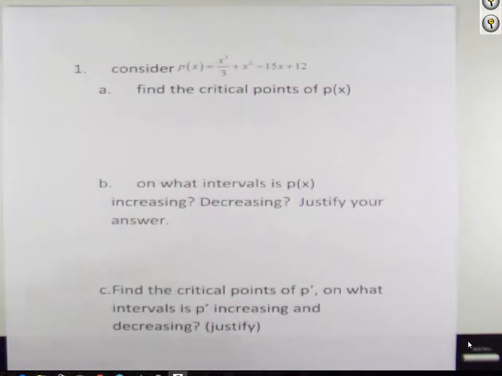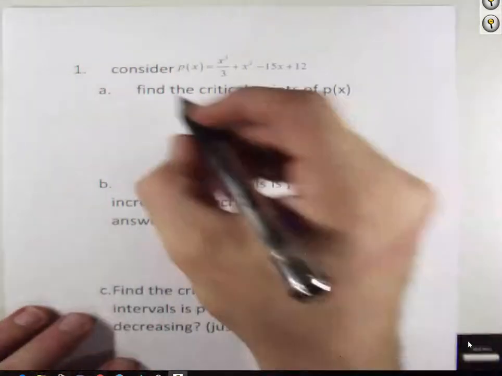P of x is a polynomial. It is differentiable, and its derivative exists everywhere. So the critical points of P of x will be where P prime of x is 0 in the domain.